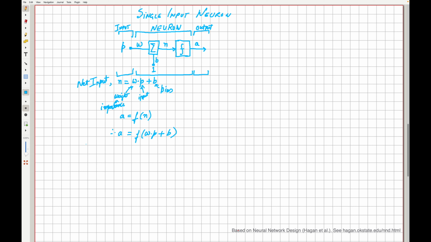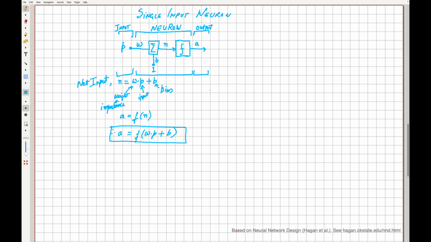And this right here is the equation that represents the single input neuron output, the activation or the calculated output for the single input neuron.